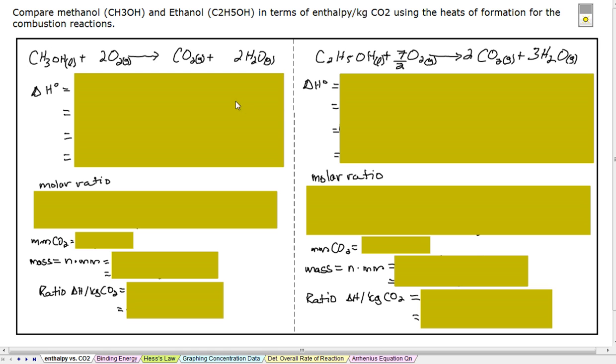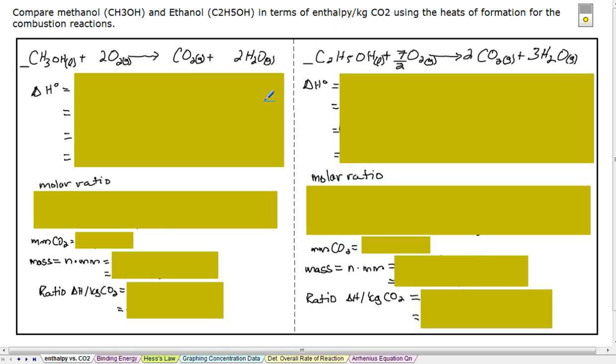Now what's really important is that we balance the equations, but super important, and I can't stress this enough, notice that there is no coefficient in front of the fuel. That's super important.